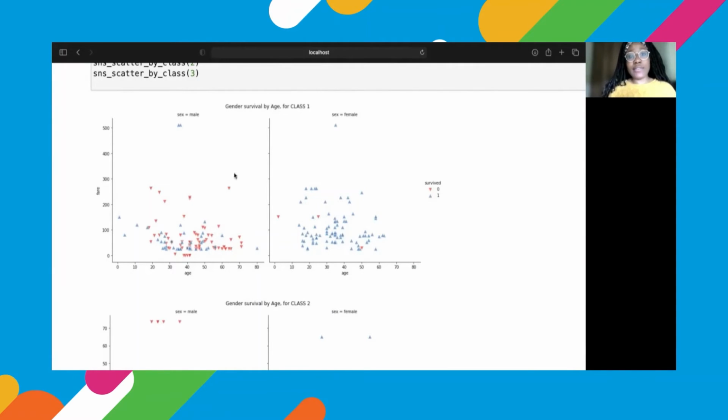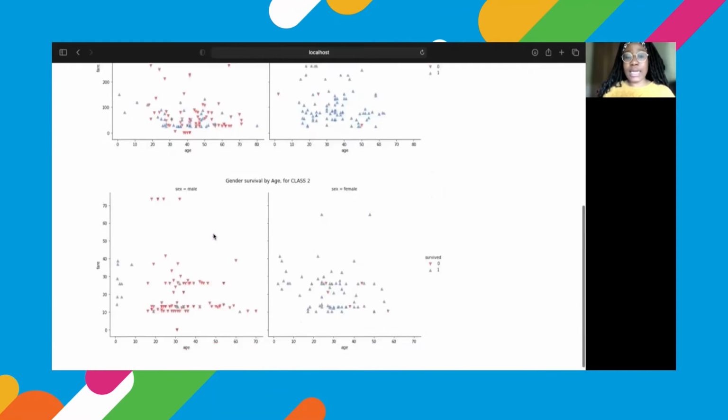We can see the ratio is more favorable to females, because a lot more females survived than males in first class. All the blues represent females who survived, whereas there are a lot more red triangles on the male side.